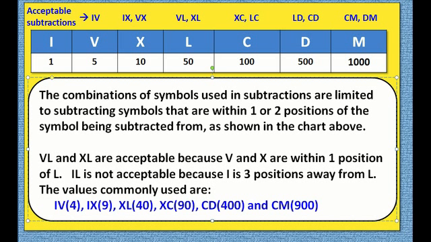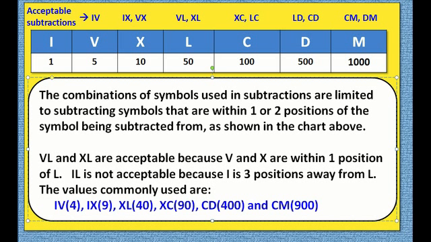This chart shows that only the symbol I can be subtracted from V. The symbols I and V can be subtracted from X. The symbols V and X can be subtracted from L. The symbols X and L can be subtracted from C. The symbols L and C can be subtracted from D. And the symbols C and D can be subtracted from the symbol M.